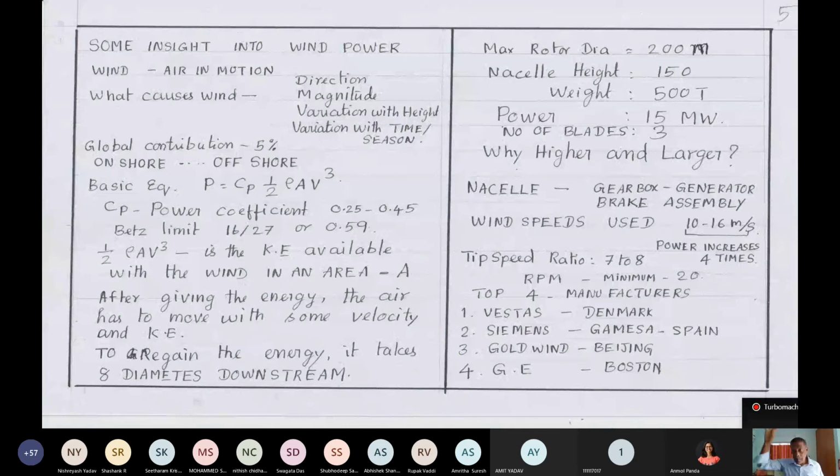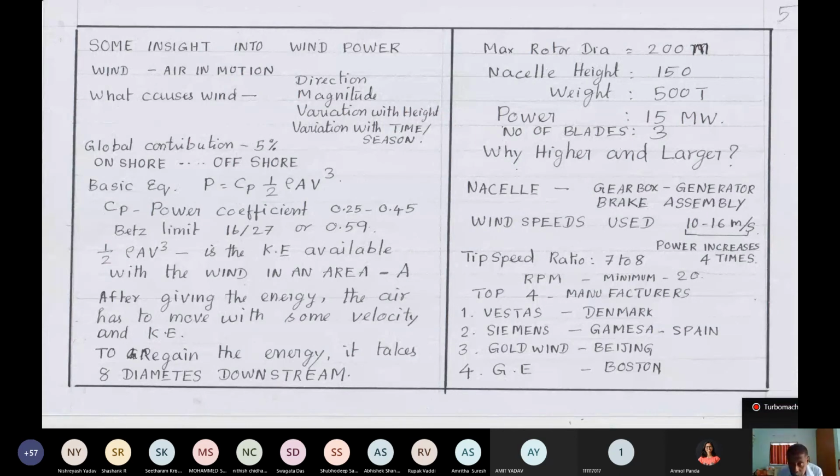Having thought about putting something at that height, there is a sense of proportion, even in engineering. So at that height, you build a big structure, and correspondingly the diameter also will be more. That is the reason why higher and larger. Anyhow, good answer you gave. And now lastly, we will think of the top manufacturers in the world.